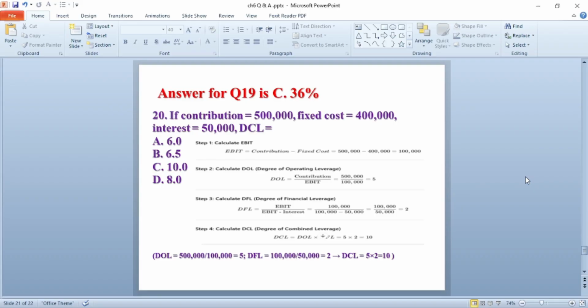Earning before interest and tax is equal to contribution minus fixed cost, that is 500,000 minus 400,000, which is equal to 100,000. Next we calculate the degree of operating leverage, which is equal to contribution divided by earning before interest and tax, which is 500,000 divided by 100,000, which is equal to 5.